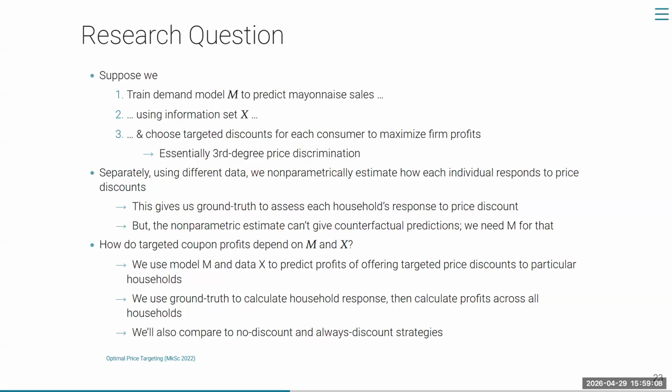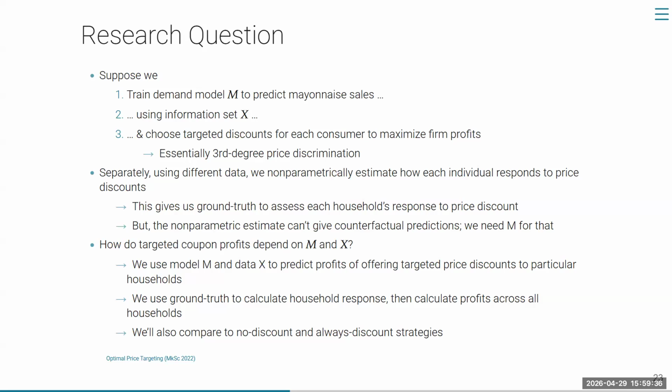And we're going to keep that outside of the model training process. So we'll be able to evaluate these models using this separate source of ground truth so that we won't be biasing our evaluation.